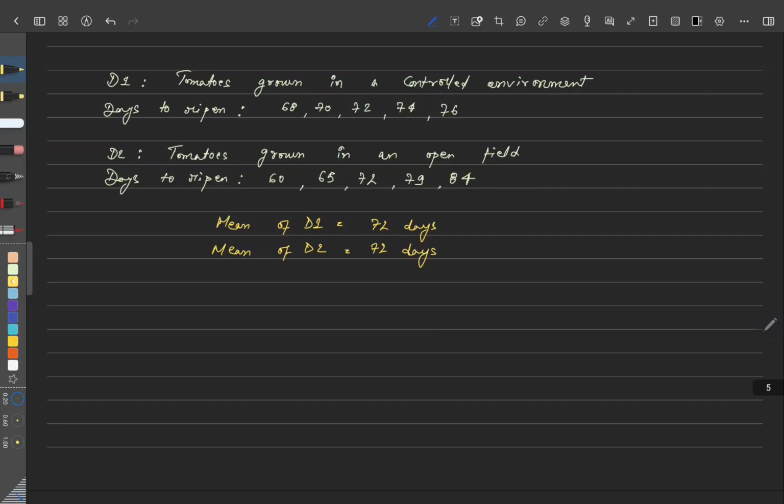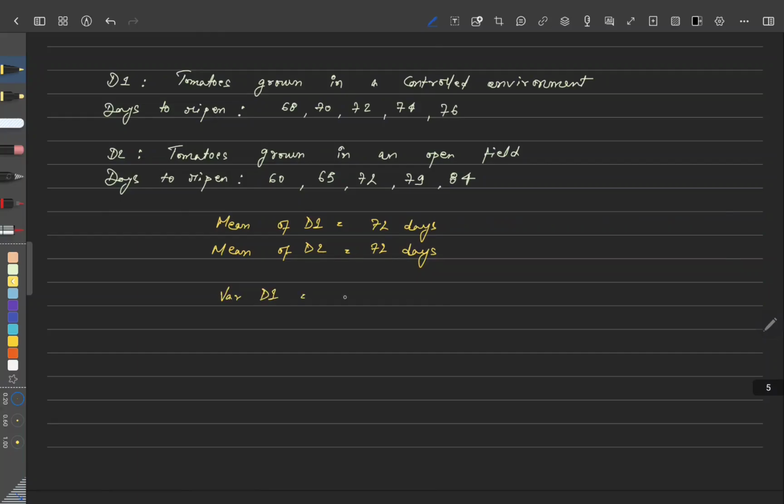So again, the mean doesn't give us much insight into the data. Naturally we'll have to use variance to understand any difference in the data, or what the data is actually trying to tell us. So let us see the variance.